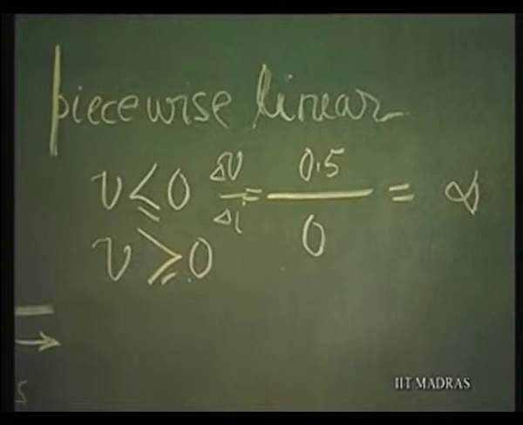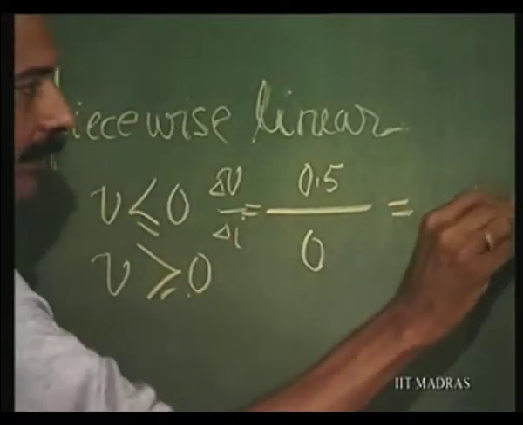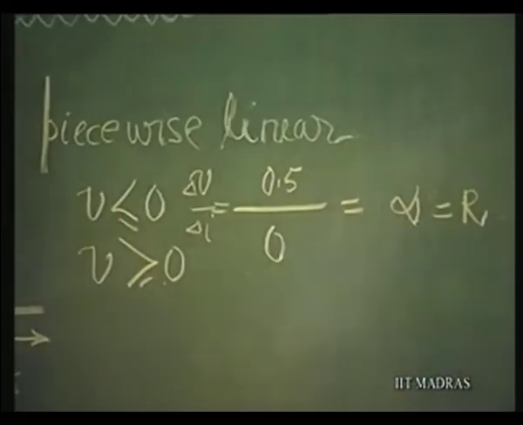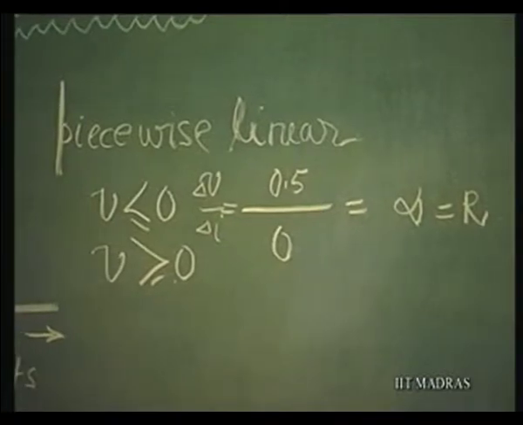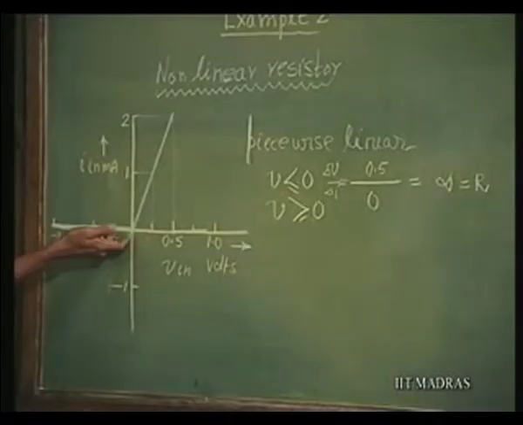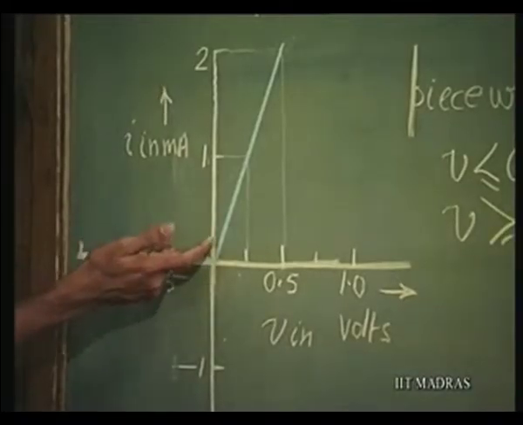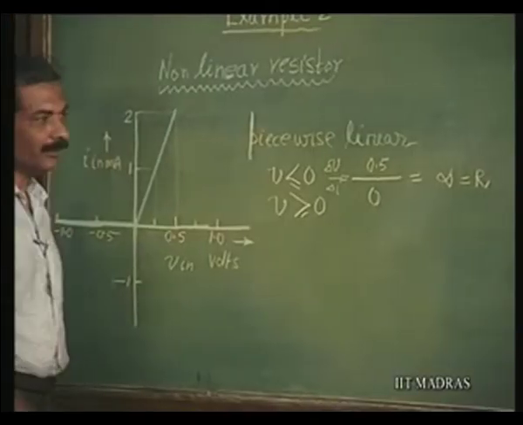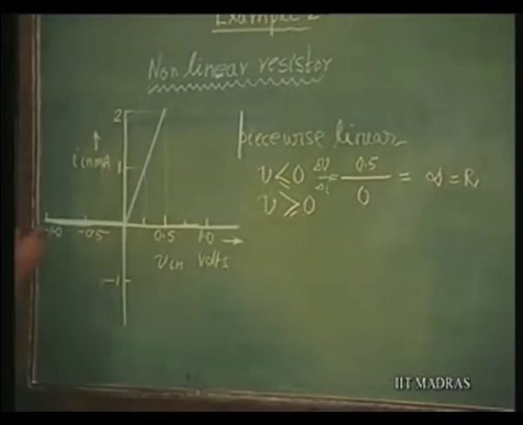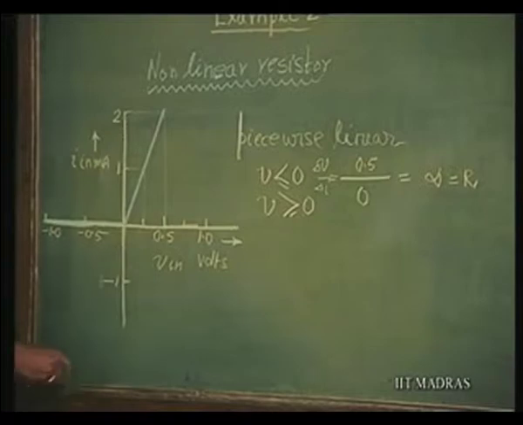So, this is the resistance in that region: the change in voltage divided by the change in current. Change in voltage is 0.5, change in current is 0; change in voltage is 1, change in current is 0. Whatever value you put here, this current is going to remain 0. So, the resistance in the entire region is going to be infinity.